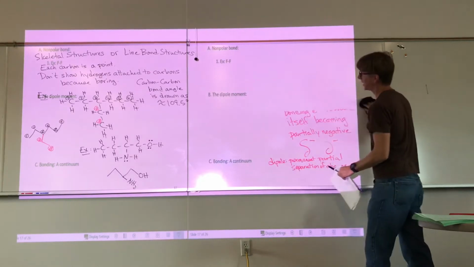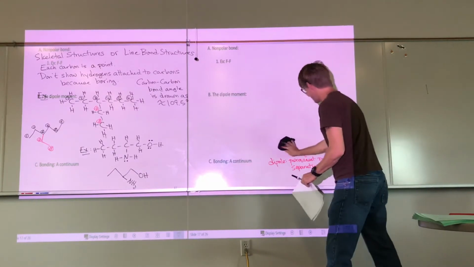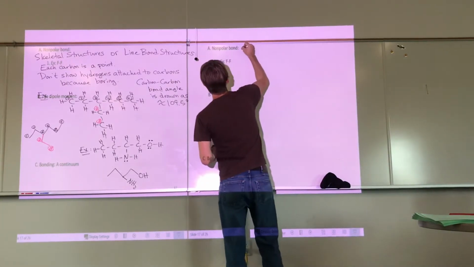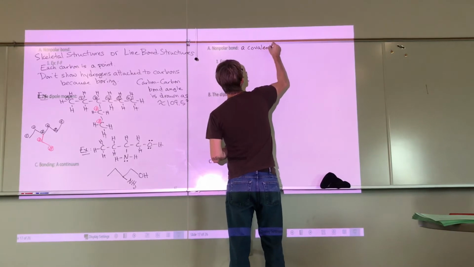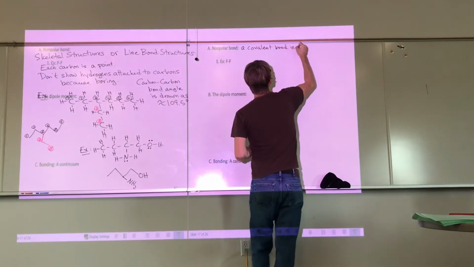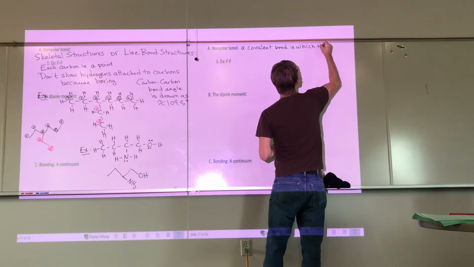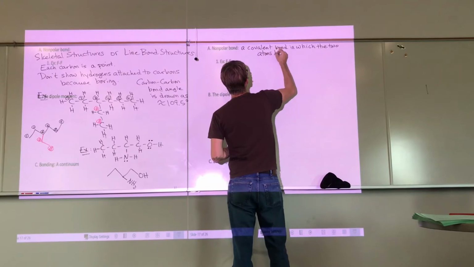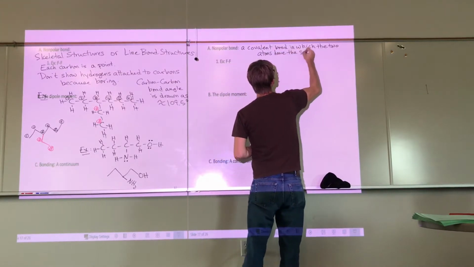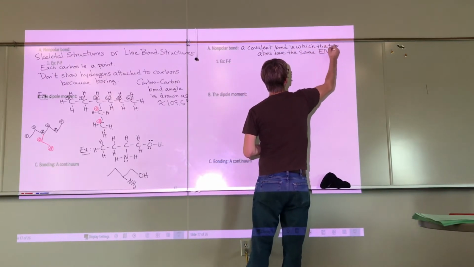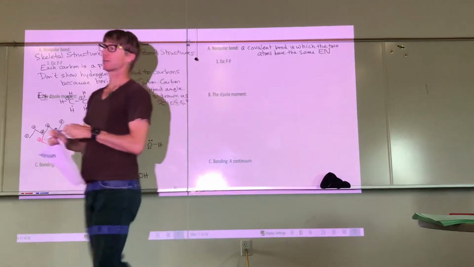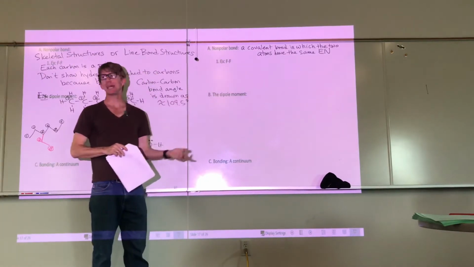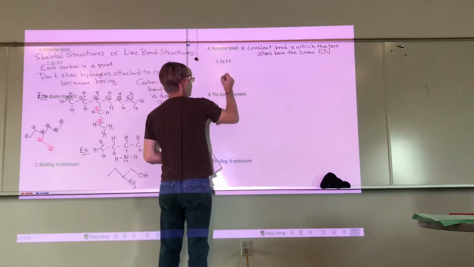A nonpolar bond is a covalent bond in which the 2 atoms have the same electronegativity, where I'm using capital EN for electronegativity. It's simplest when the atoms are the same, because then they have to have the same electronegativity.